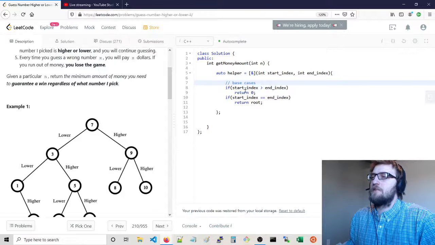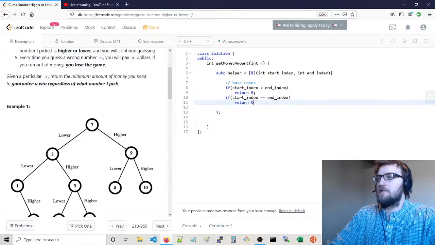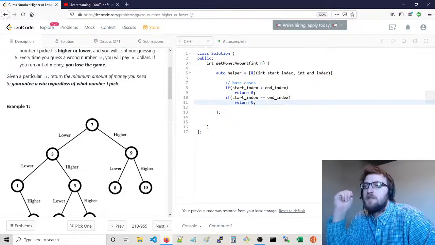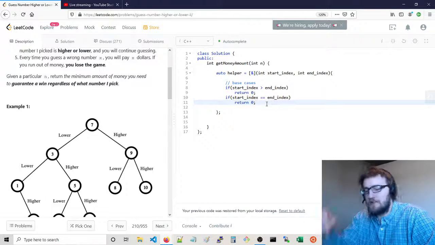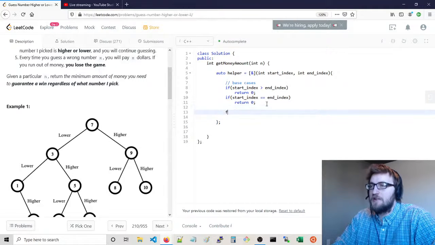So, base cases. If start index is greater than end index, return 0. If start index is equal to end index, I want to say you would just return 0 here, right? Because if this tree was just one node, your guess is just right there, right? And now we're going to say for int i equals start index, i less than or equal to end index, plus i.